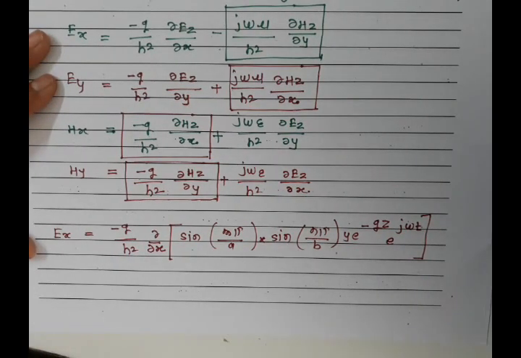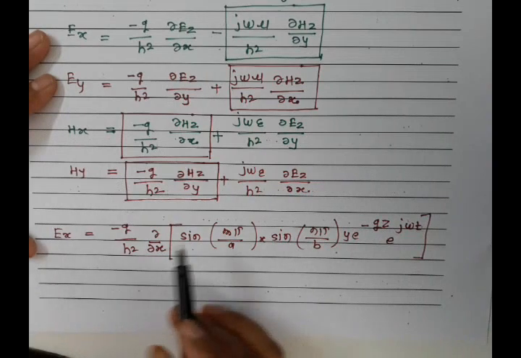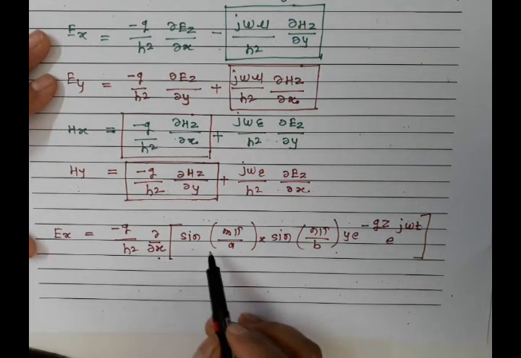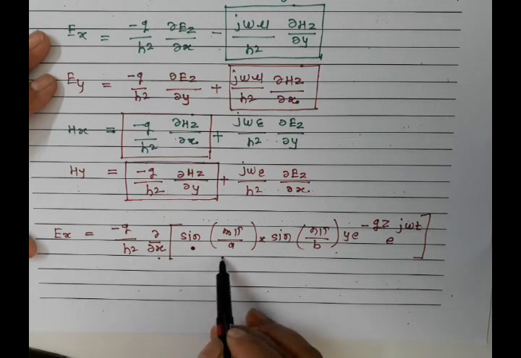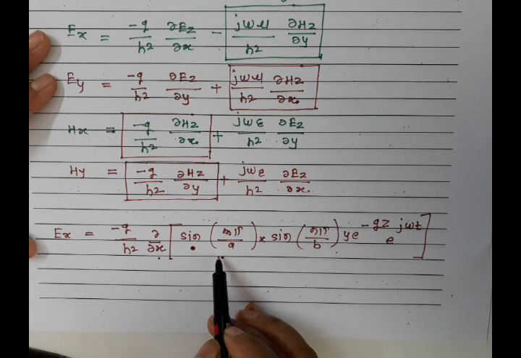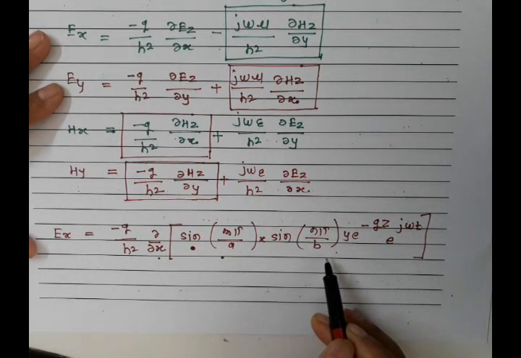So how can we write the x component? That will be minus gamma by h square d by dx, as it is with respect to x. The differentiation of sin becomes cos. So this will be the cos of m pi by a x, and the constant m pi by a will come out, and sin n pi by b y will remain as it is.